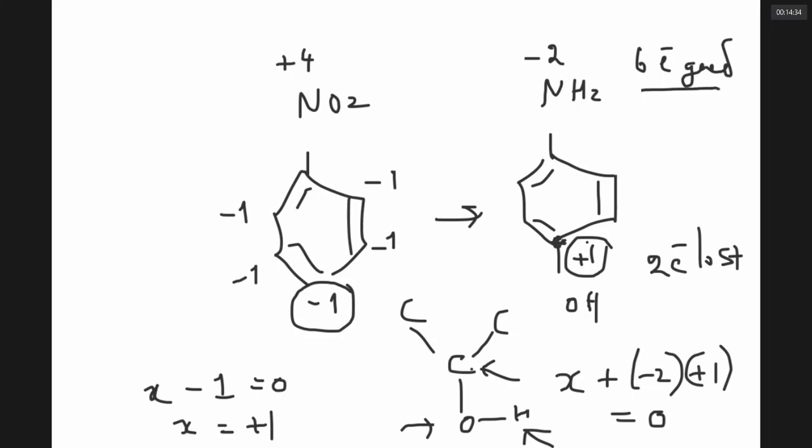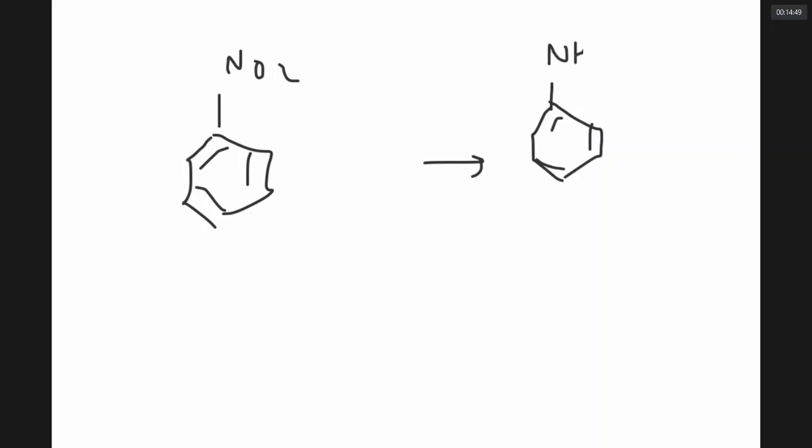So total number of electrons gained is 4 electrons. I would say when nitrobenzene became para-aminophenol, 4 electrons were effectively gained. Are we clear?